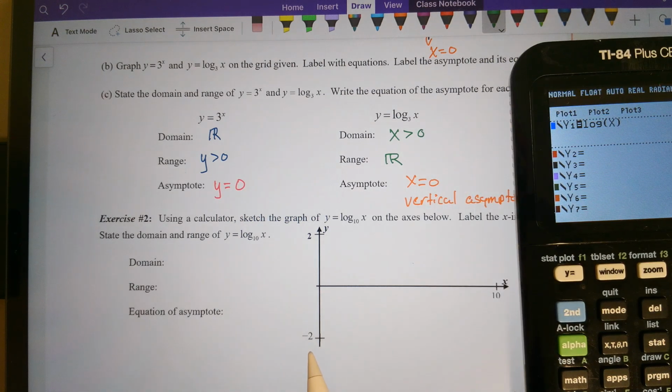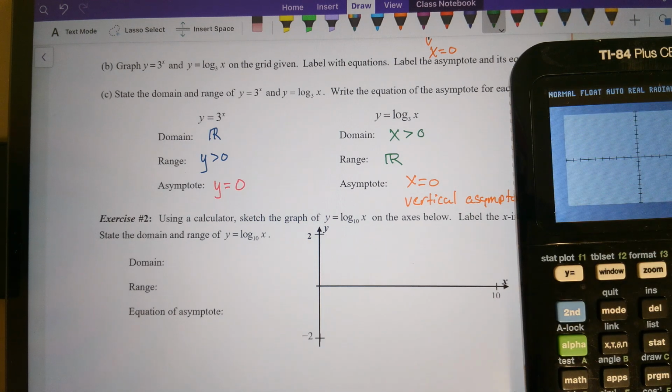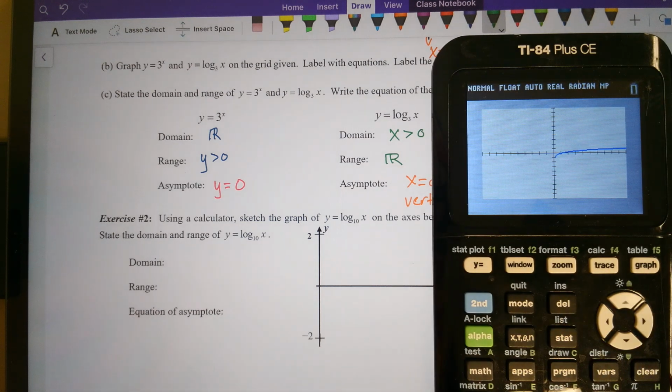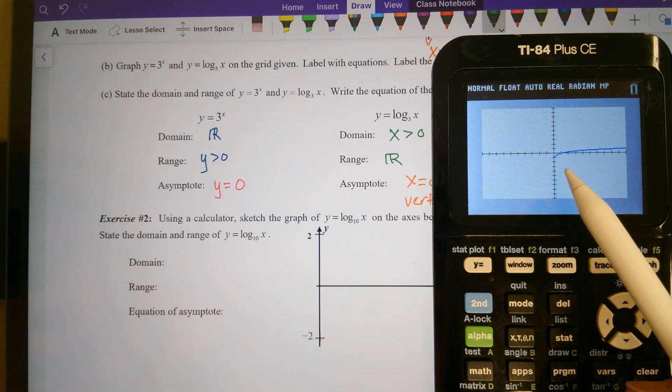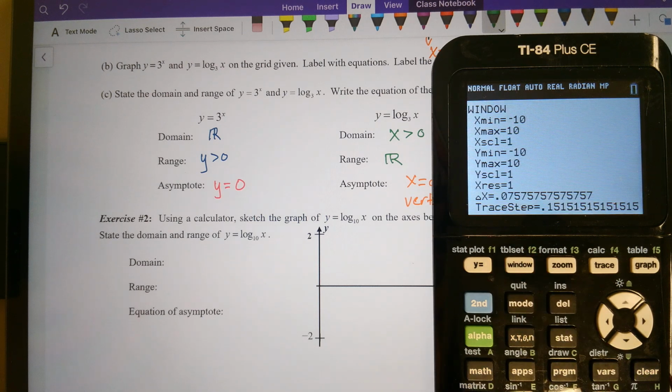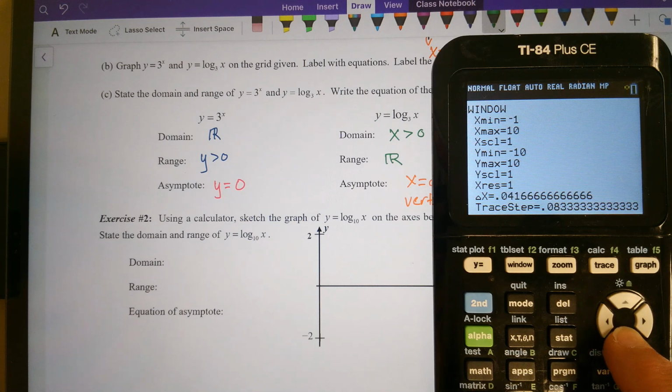I'll just press graph, standard. If you want to adjust the window, you can to match what we have here. We'll go from -1 to 10, and the y's from -2 to +2.